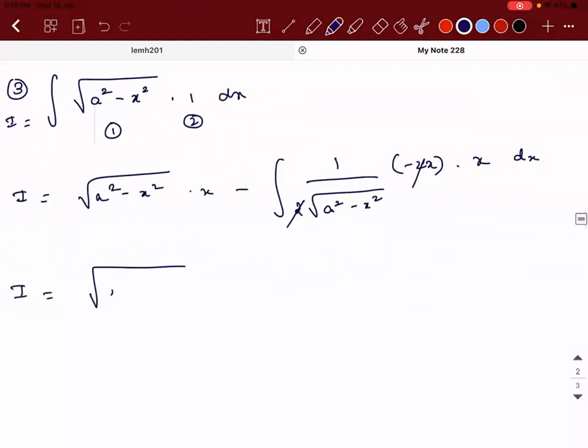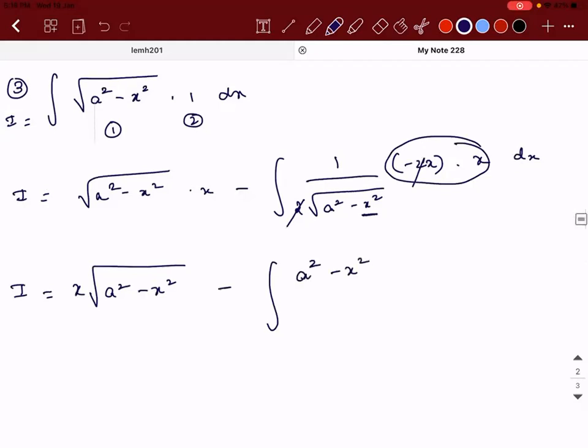I will be equal to root of a square minus x square into x minus of minus will be plus. Actually, I'll leave that minus as it is. I don't want to disturb it because this will be minus x square. I have minus x square here. So I will add and subtract a square divided by root of a square minus x square dx.